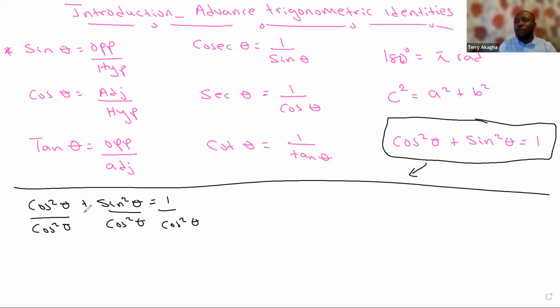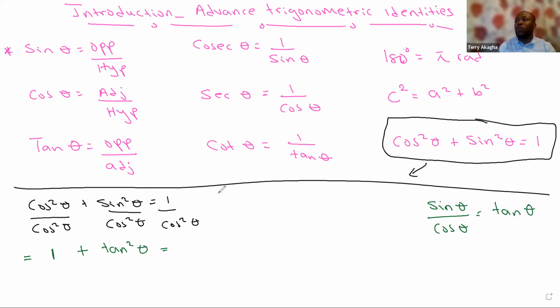Now, remember, in the previous video I also explained to you that sine theta divided by cos theta is equal to what? Tan theta. We can apply it here. Cos squared theta divided by cos squared theta will give you 1. Sine squared theta divided by cos squared theta is going to give you tan squared theta.